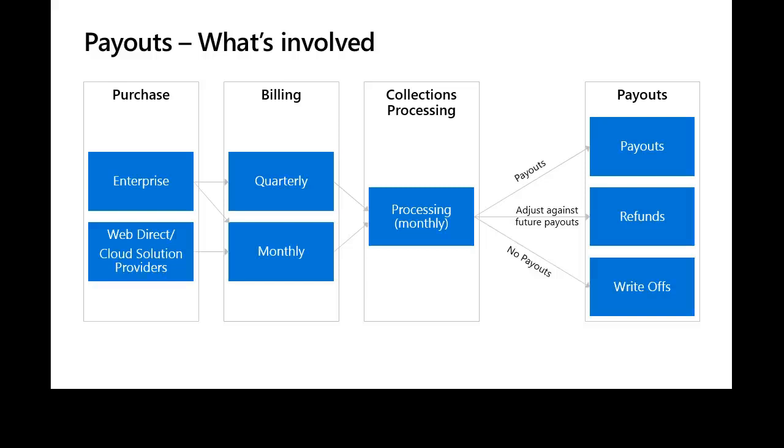We bill most of our customers monthly, with exceptions for some of our large enterprise customers who signed enterprise agreements a few years back where we had the quarterly invoicing options as well.